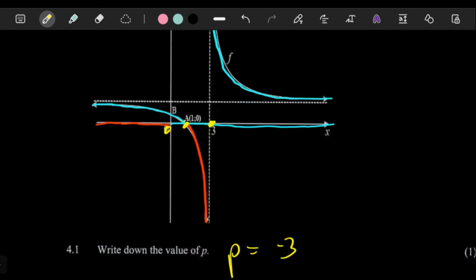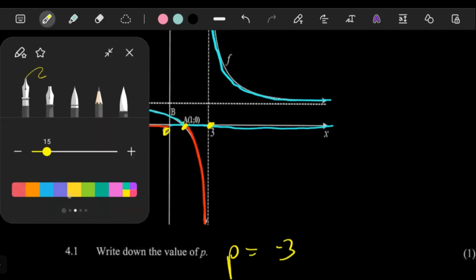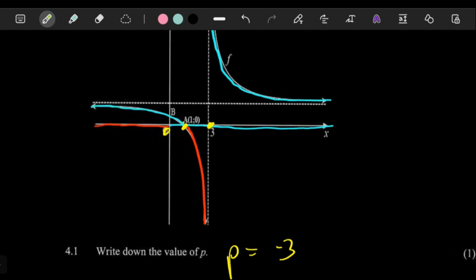So let's use that. With everything that I have been talking about, the one big idea to keep in mind is this: when you give your answers, you need to say X is smaller than or equal to 0, and then X is bigger than or equal to 1, and X is smaller than or equal to 3.